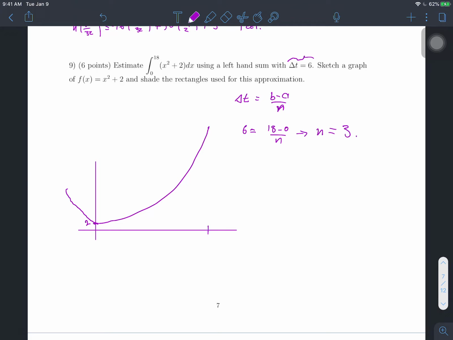And if here's 18, we are trying to estimate this salmon-colored area here. This is the area that we are trying to estimate.